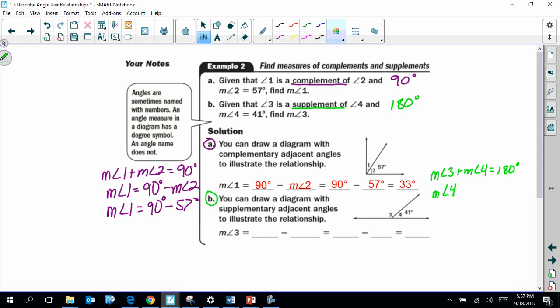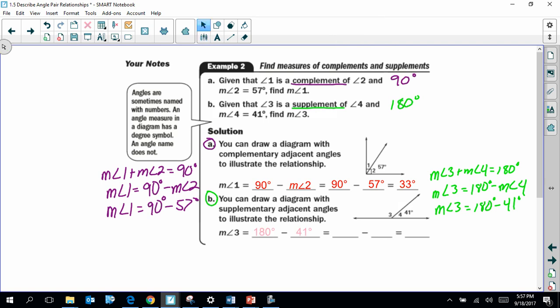Oops. I said angle 4 and I wrote it when I meant to write angle 3. Since I'm looking for the measurement of angle 3, I can say, well, that has to equal 180 degrees minus the measurement of angle 4. And then I would substitute my numbers. And so this one was 41 degrees. So that's really how I'm going to set that one up.